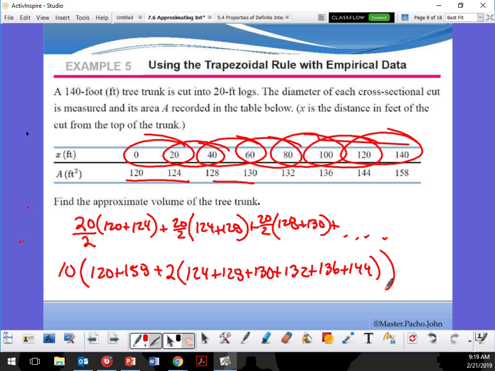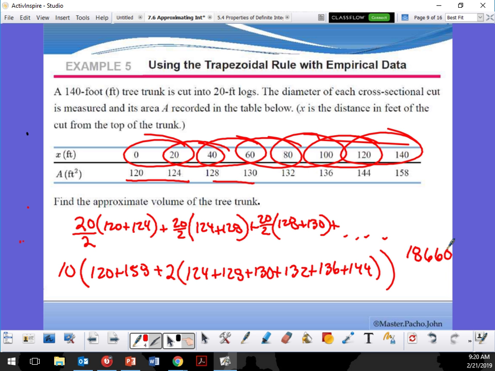calculator. What's up? Oh, I need to give her one, right? 18,660.